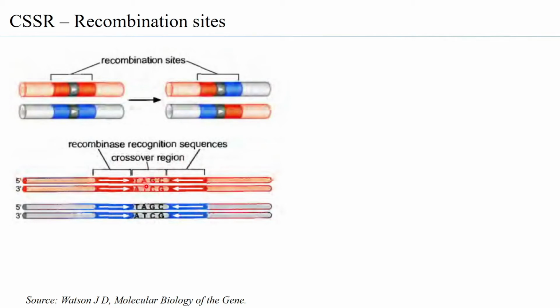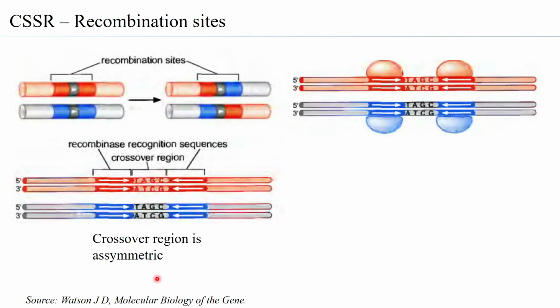You can see TAGC, and here too it is TAGC, but this TAGC is not a palindrome. So what you understand is that this region need not always be a palindrome, and therefore it is asymmetric. So the crossover region over here is definitely asymmetric.